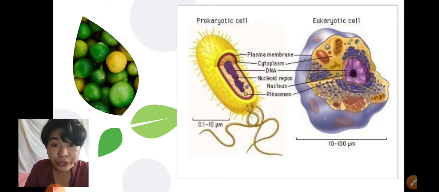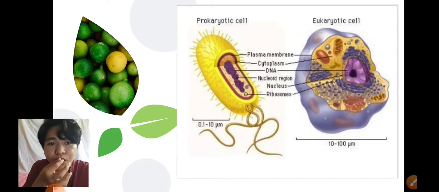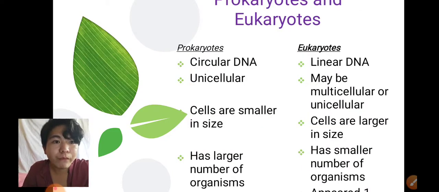It is nucleoid, where the genetic material of the prokaryotic organism is contained. So of course, some of their differences: prokaryotic, again, is unicellular, much smaller than eukaryotic, and of course has a larger number of organisms.